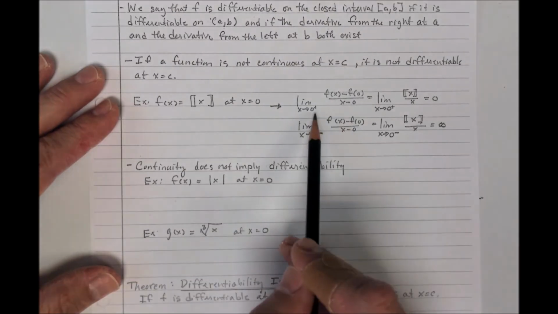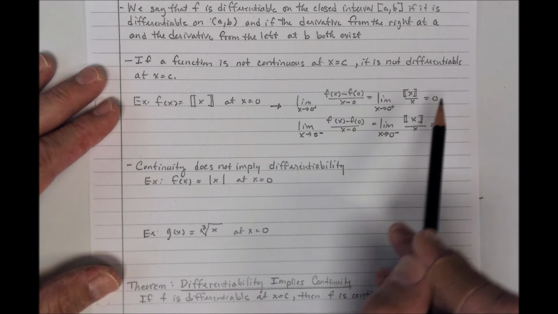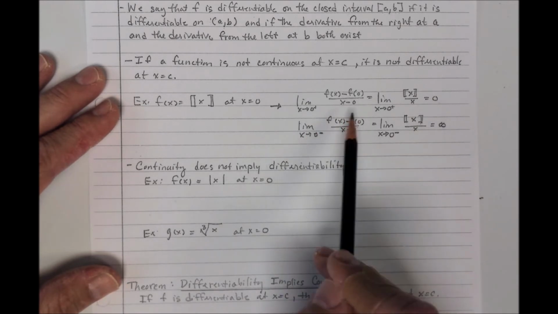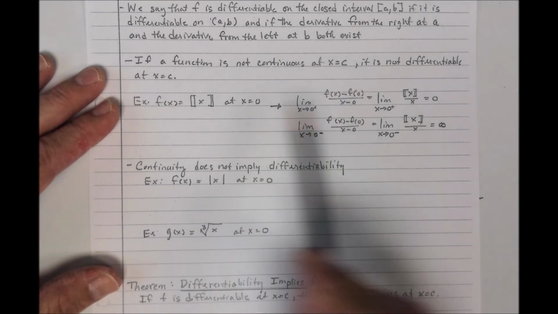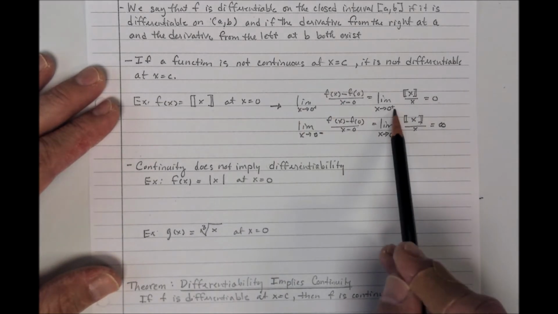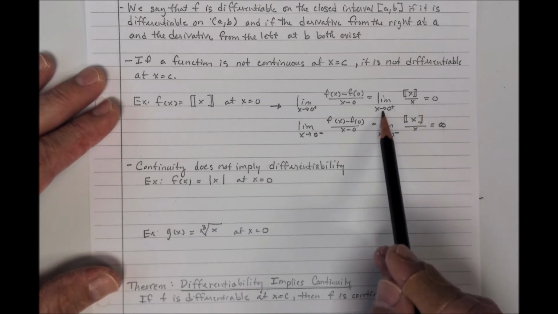If I look at the limit from the right at 0, I get 0. As x goes to 0, the greatest integer becomes 0, and I get f of x, which is this, all over x. As x approaches 0 from the right, it's positive, and this is getting smaller and smaller.